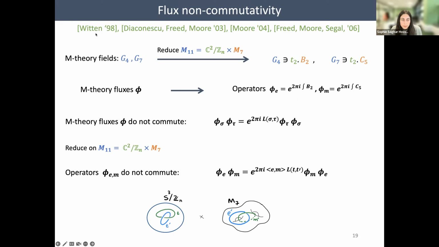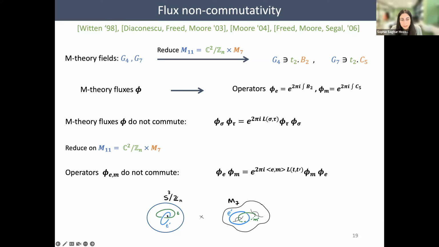We know from these papers that these M theory fluxes don't commute with each other. And this in turn means that when we reduce the fluxes, the operators that we have in our theory don't commute with each other. And this is only true if we have cycles in our geometry which are interesting and link each other.